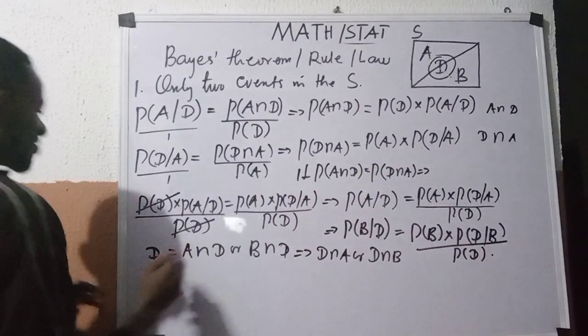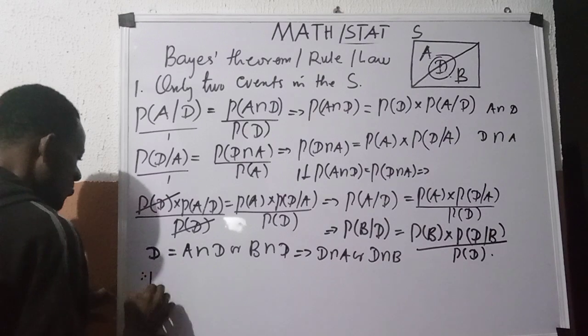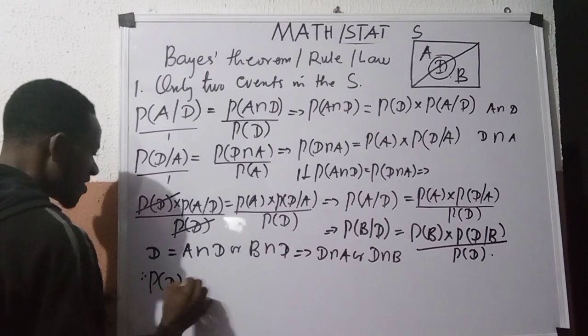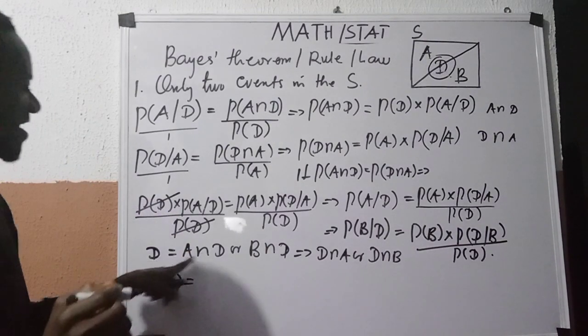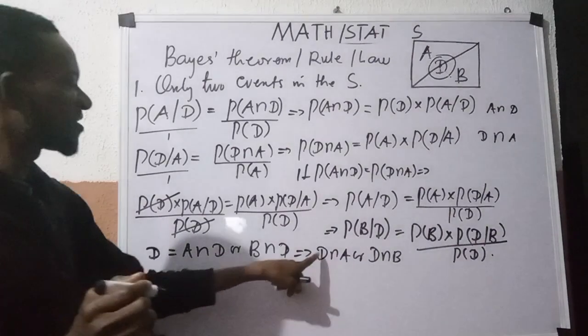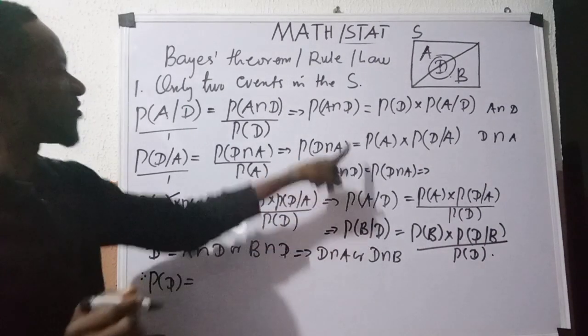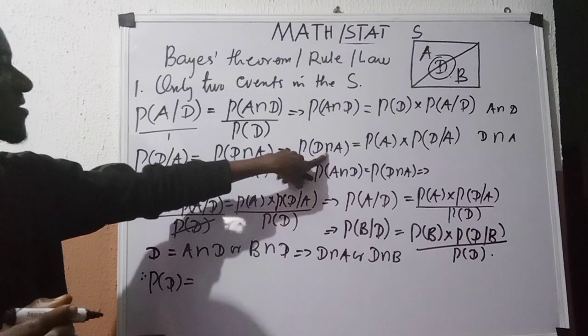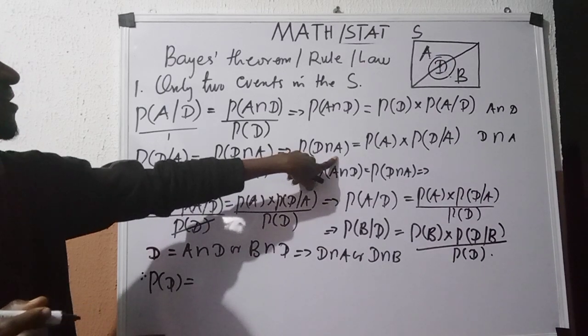So if we convert this into probability, I will now say therefore probability of D now equals. Here is my A intersection D, which I said can be written as D intersection A. And if you watch, I already expressed D intersection A here.